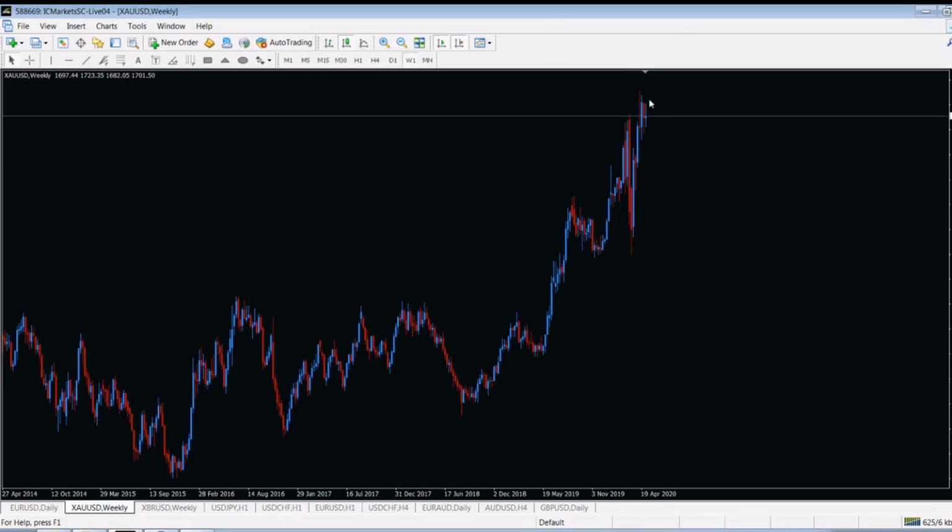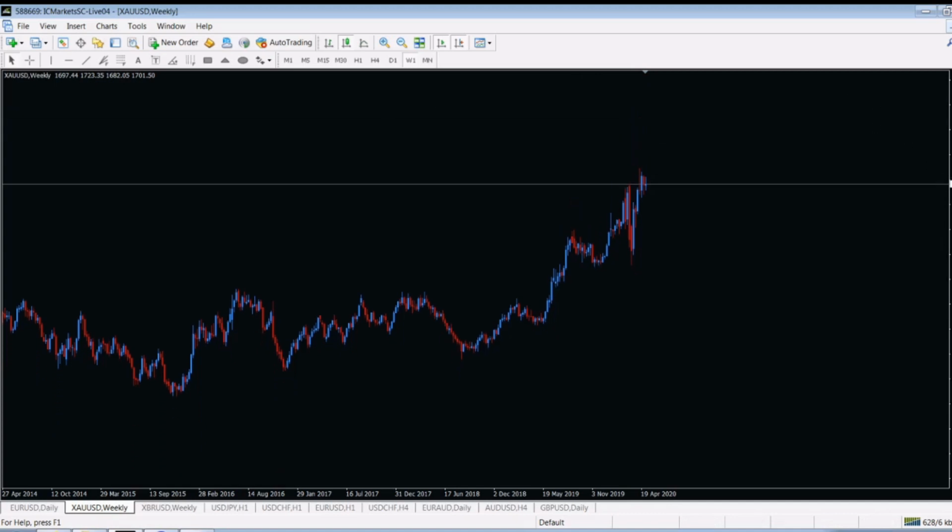Because on gold, look at gold, W1, what we've got. Gold is rising, is a rising market, rising since September 2015. It's not going to stop. It's got here a local correction due to coronavirus, due to problems with petrol whatsoever, but it's still rising and it doesn't seem to stop at the moment.